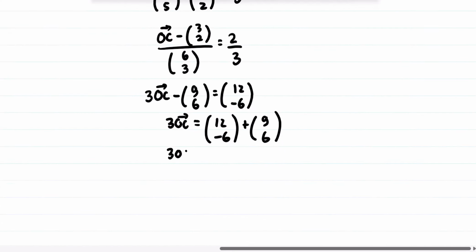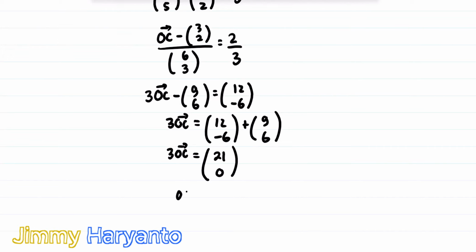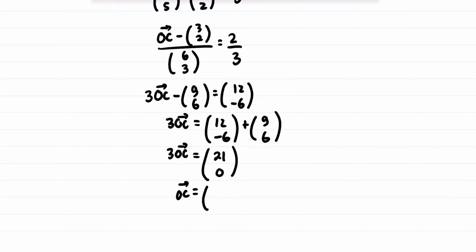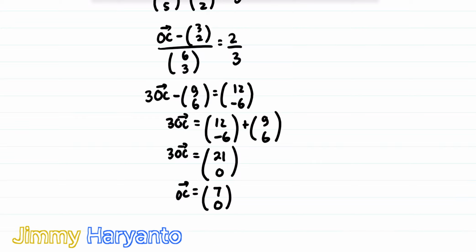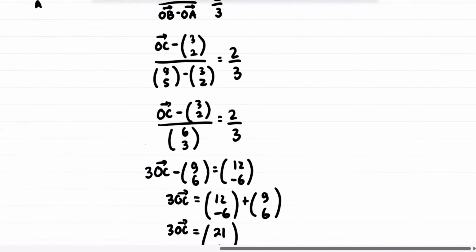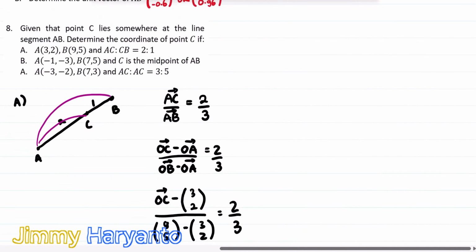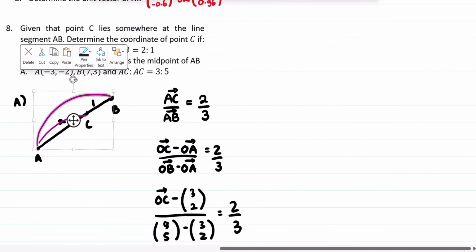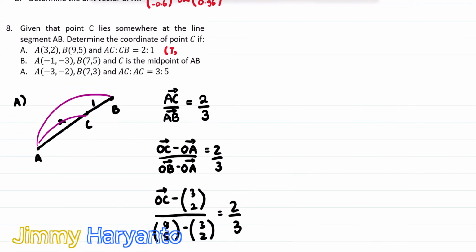That also means 3OC equals (21, 0). So OC equals, divided by 3, (7, 0). This one is the answer for the first question: (7, 0), the coordinate of point C. That means the coordinate of point C is (7, 0).